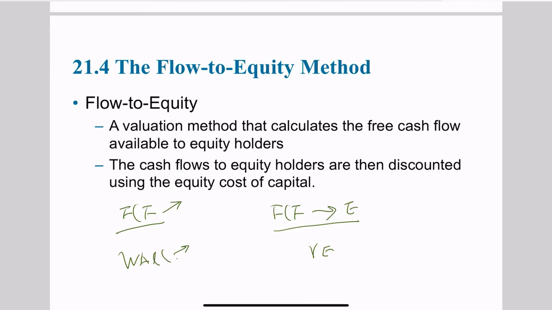And then free cash flow to equity holders only accounts for the cash flow for equity holders. It's specifically related to equity. So that's why you should discount these cash flows using the equity cost of capital.